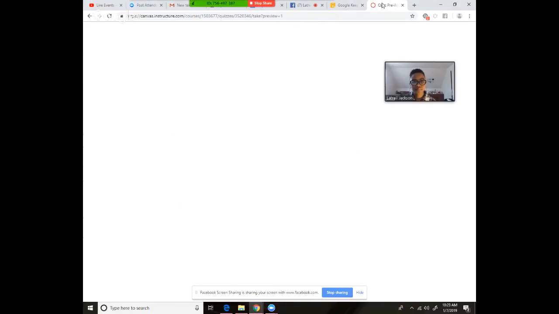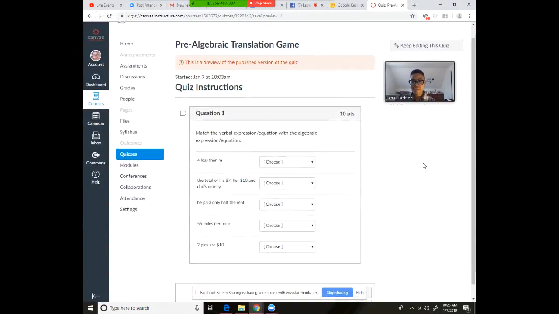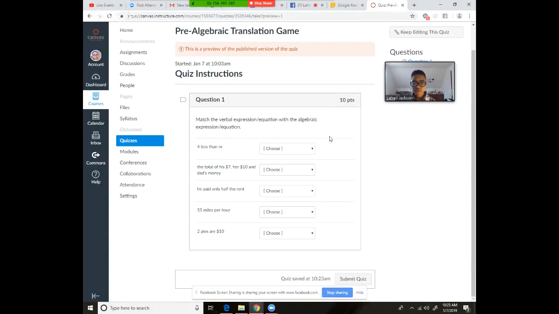It's called the quiz, but you can look at it as a game as well. Once you sign up, you'll be able to play this game. What you're doing is filling in what you think the proper algebraic translation is. So here we have 4 less than m. You can use the guide I just showed you to help you find the answer.